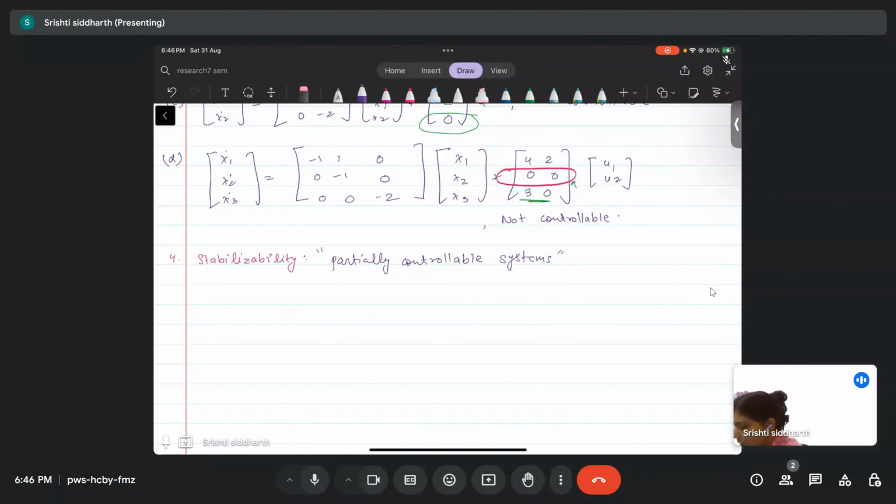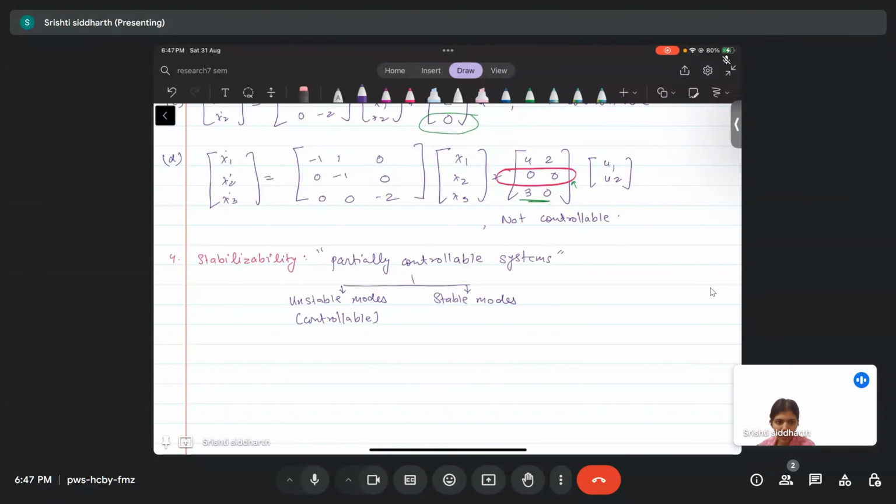Okay, so when is it partially controllable? So you have two eigenvalues or two modes. You have those unstable modes and stable modes. So unstable modes are controllable. So if it's a growing eigenvalue, for example, e to the power t for lambda equals 1, then you can control that state.